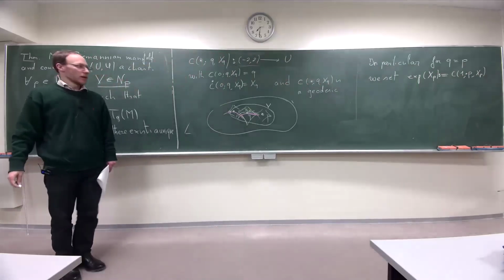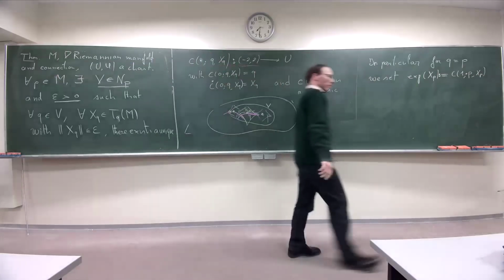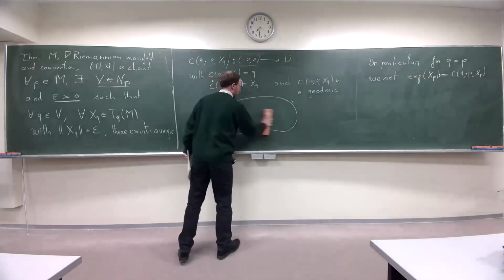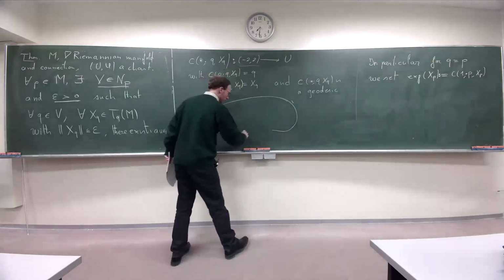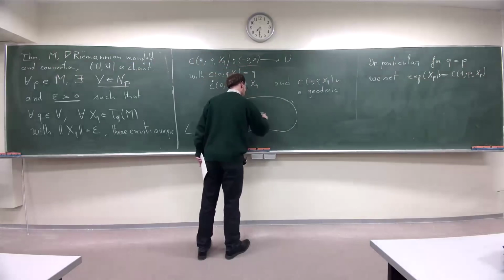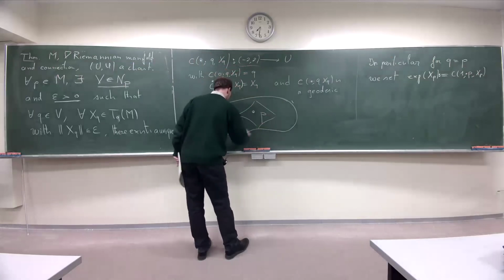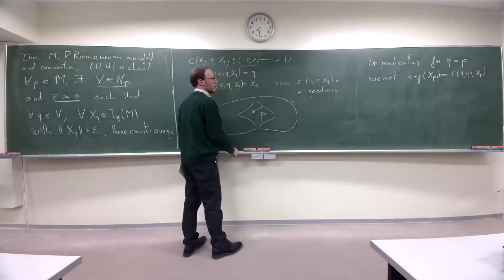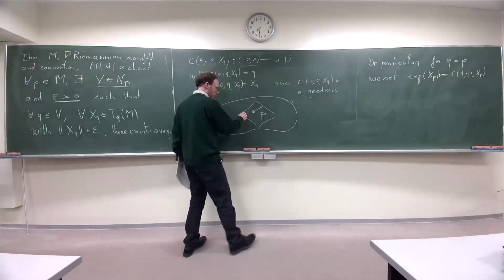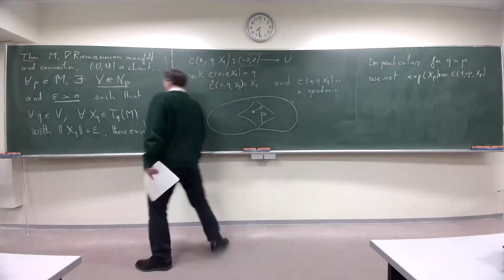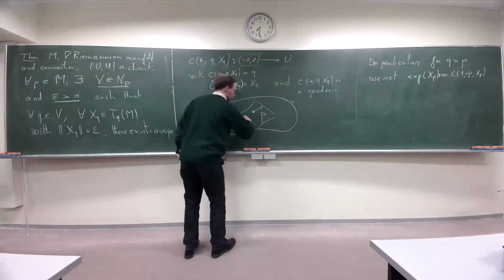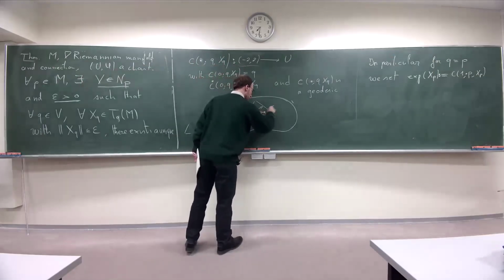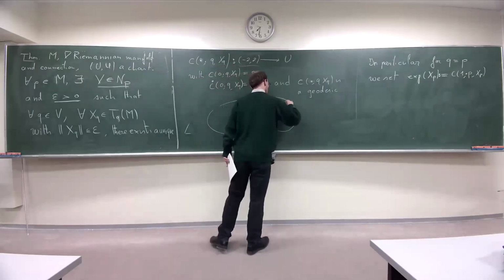So what does it mean? This notation, exponential, is not arbitrary. We have P, we have the tangent plane. We take a vector in the tangent plane, and we have this red curve I drew before. I call a certain point, this point, exp of xp.